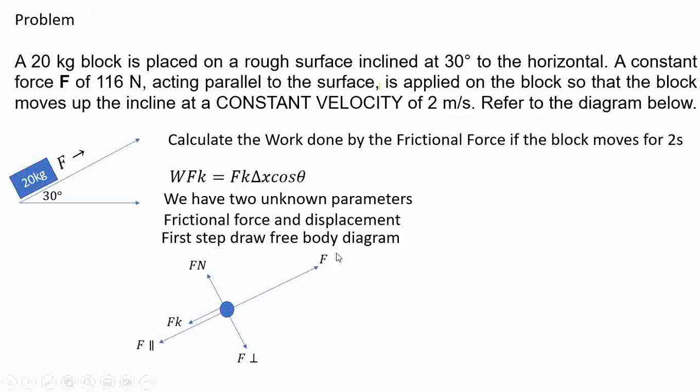So in our free body diagram, we have 5 forces. In the horizontal, we have 3: the force F which was applied, the frictional force, which always opposes the motion, and the parallel force. And then we have two forces in the vertical, which are the normal force and the perpendicular force.